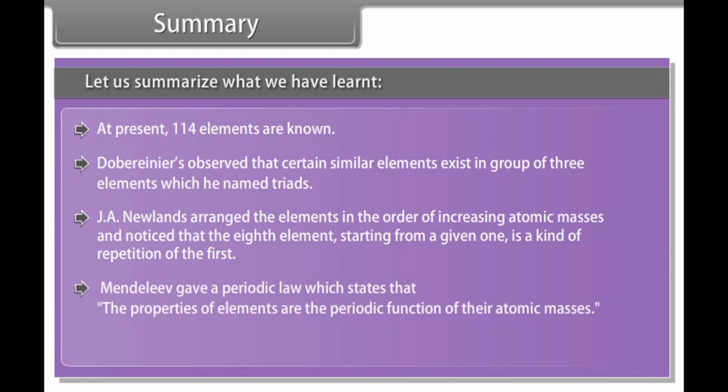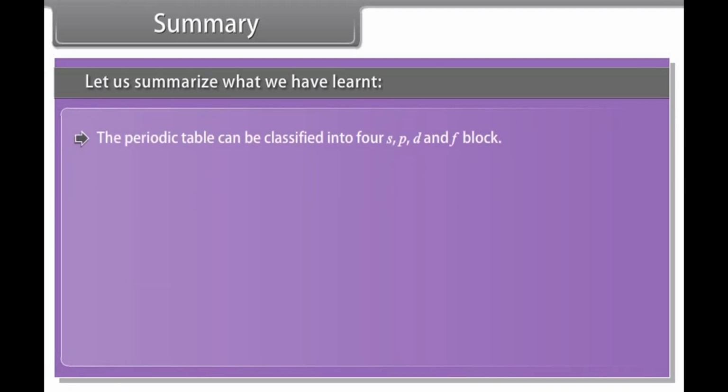Mendeleev gave a periodic law which states that the properties of elements are the periodic function of their atomic masses. The present form of the periodic table is the long form. The periodic table can be classified into 4 blocks, that is s, p, d and f block.